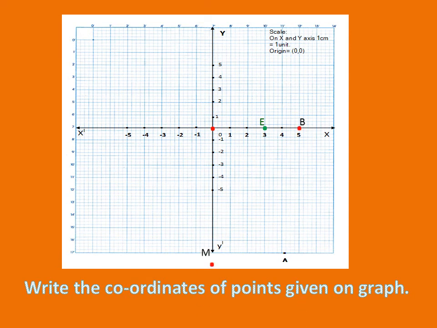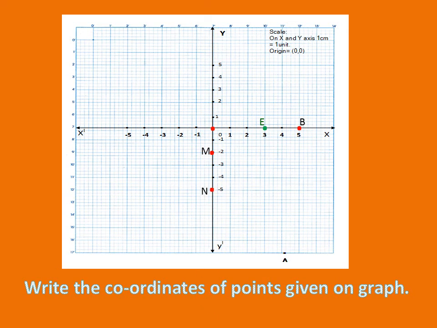Similarly B, similarly M. What will B have? 5 comma 0. M will have, now again, a vertical line intersecting the x-axis at 0, and a horizontal line intersecting the y-axis at -2. So the coordinates will be 0 comma -2.